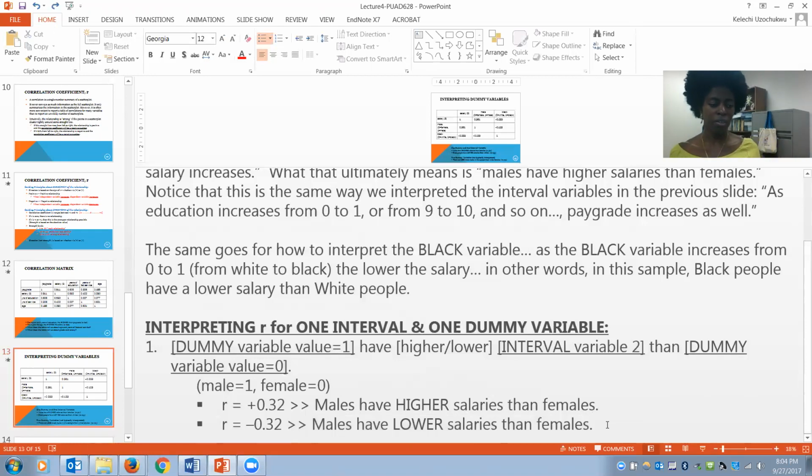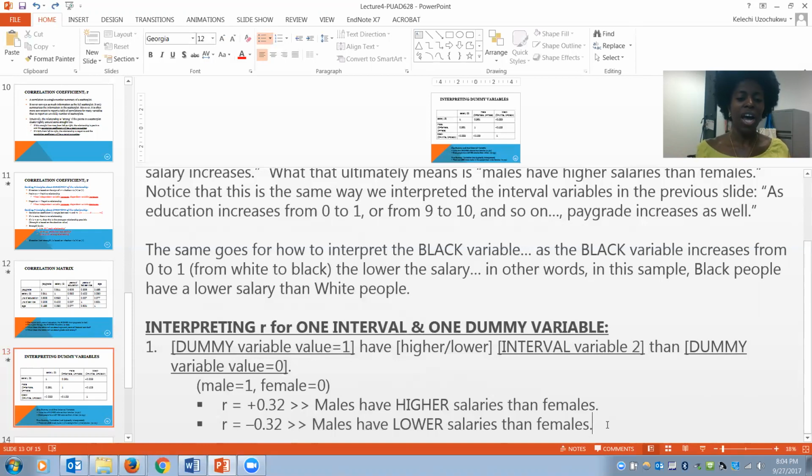This is what we would say in a quiz or an exam, because this is a learning environment and I need to make sure that you have this packed down. You would tell me what the direction is. For the first one, positive. For the second one, negative. You would tell me what the strength is. They're both the same number, 0.32, so hopefully you would tell me moderate. But then you wouldn't stop there, because I need you to know how to do this in a very diverse environment where everyone isn't as smart as you and doesn't know all the stats in the world.